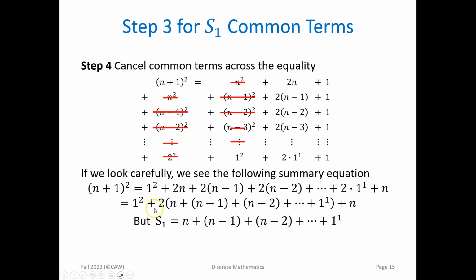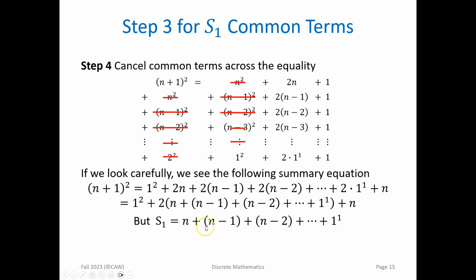But notice something. This new term, which appeared after we factored out a 2, is S1. S1 is equal to n plus n minus 1 plus n minus 2 all the way to 1 to the first. In the reverse order, normally we would write it from right to left here, 1 plus plus plus all the way ending in n.